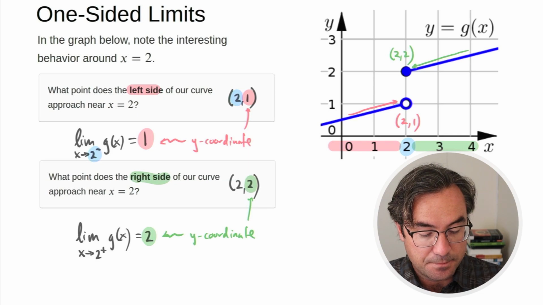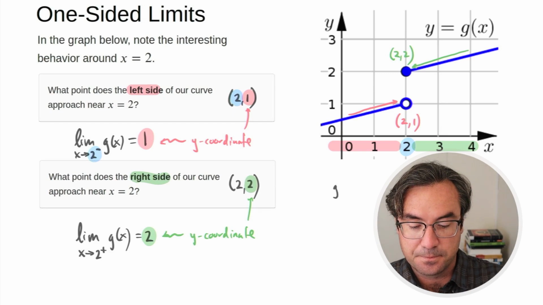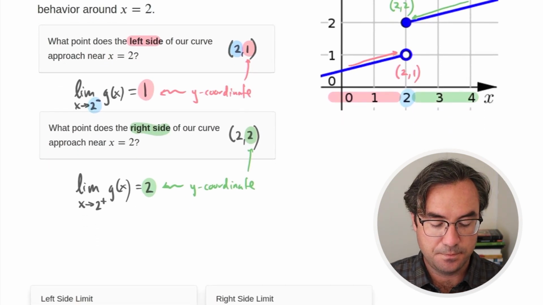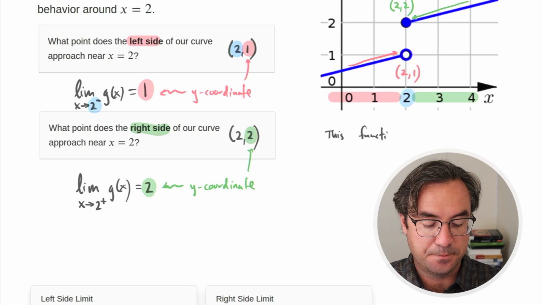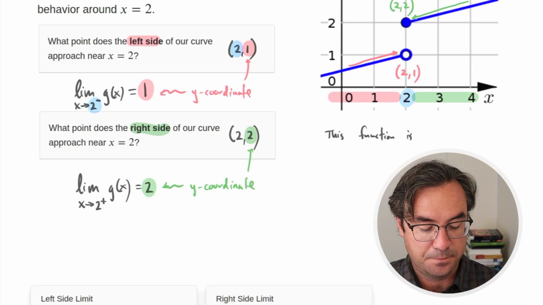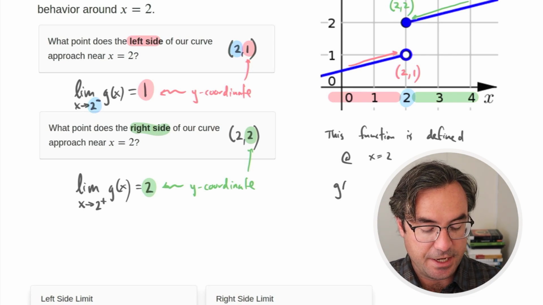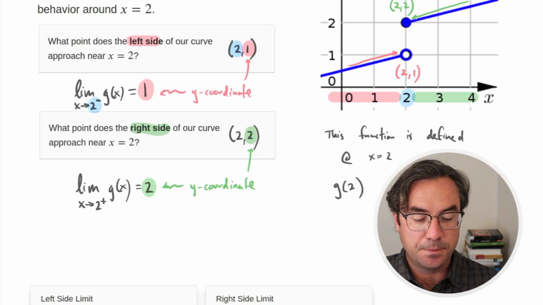And then, just to make note here, this function is defined at x equals 2. So in this case, what would be the value for g of 2?